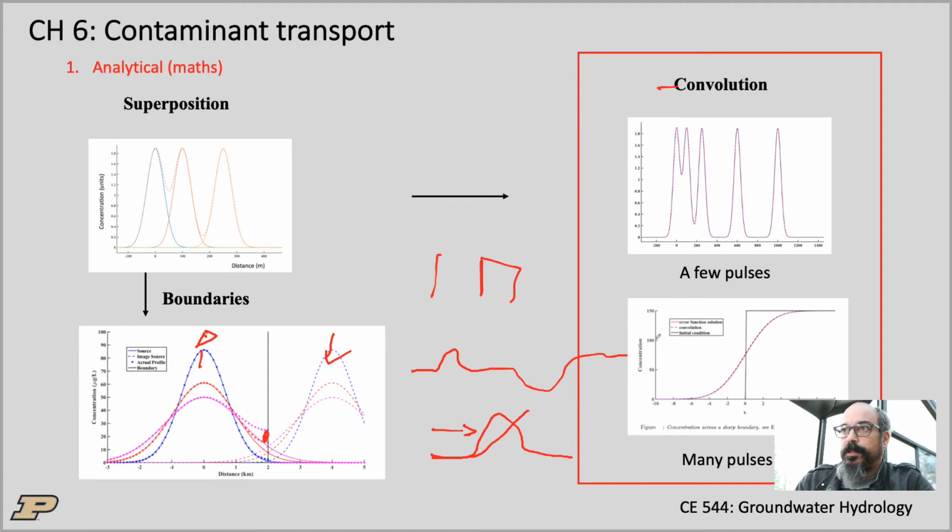And just to wrap up this analytical part, I told you before, for the error function solution, you have an analytical solution that I described before, which is that red line, so you can do the mathematical stuff. But you can also take a whole bunch of pulses. This square here, you can imagine is basically just like having a bunch of little pulses. I'm sorry that my pen is acting up today, but imagine this square as a bunch of little discrete pulses.